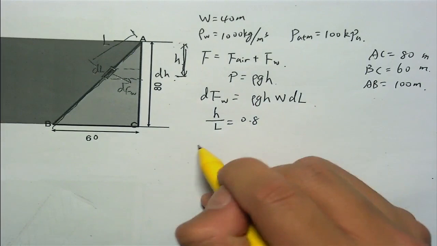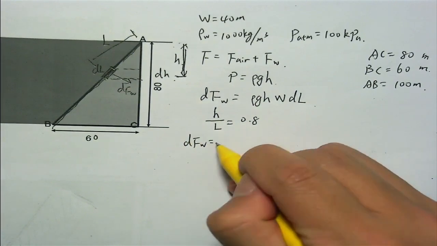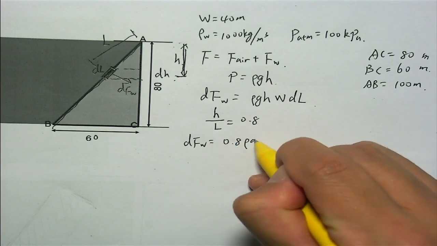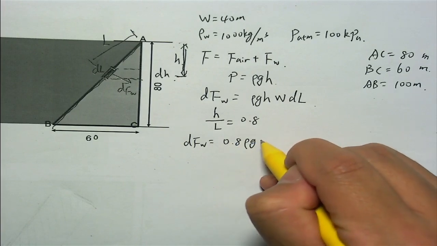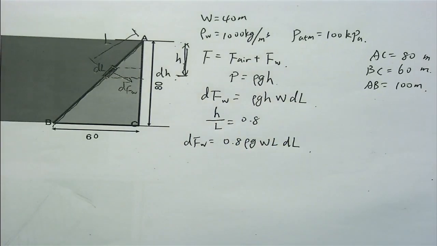So we can easily get dFW, which is 0.8 rho g W L dl. Right? This is the force on this element.